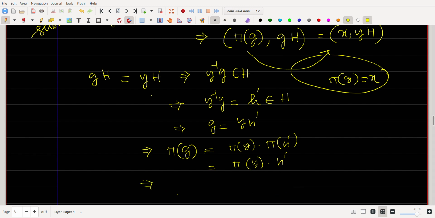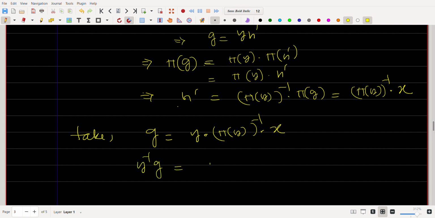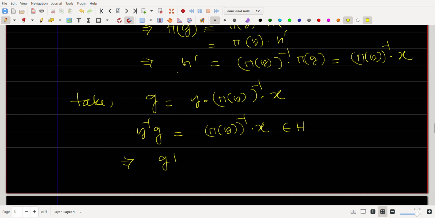So then h prime equal to pi y inverse times pi g, which is the same as pi y inverse times x. This is h prime. Now take g equal to, say, y dot pi y inverse dot x. Then y inverse g equal to pi y inverse dot x, which belongs to H.